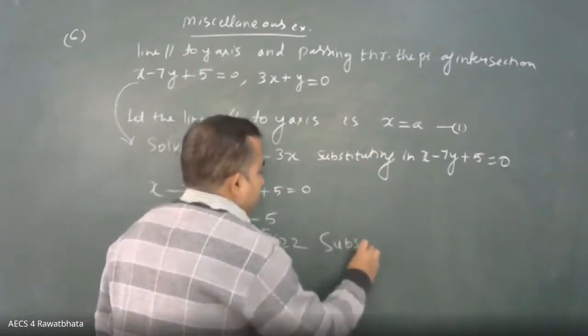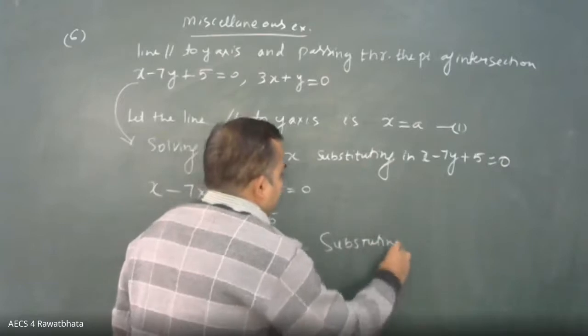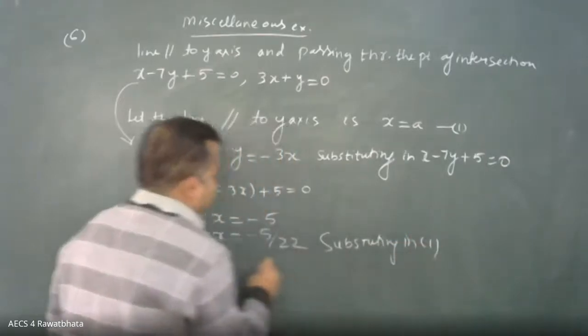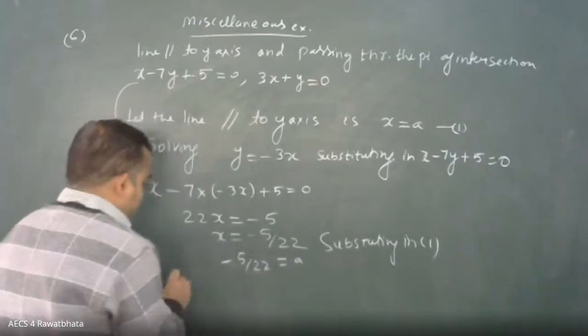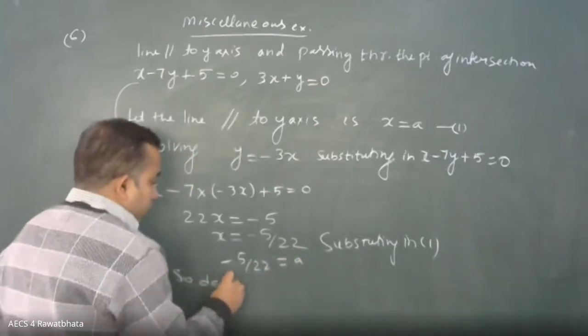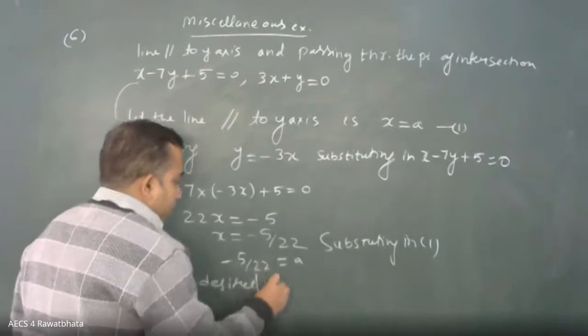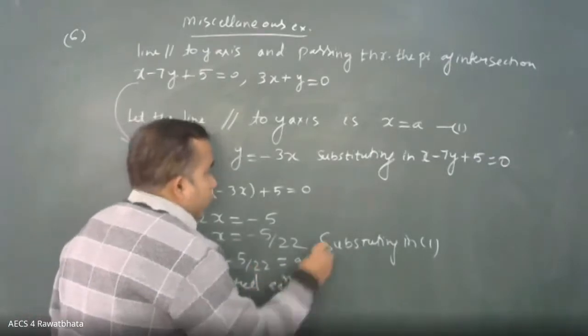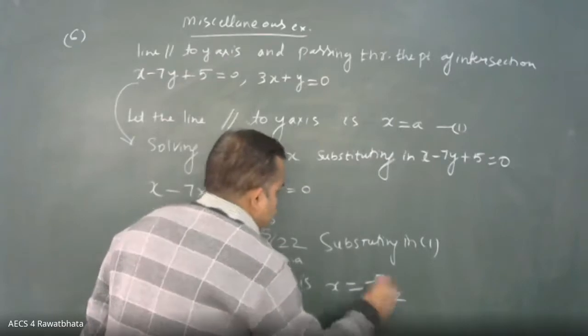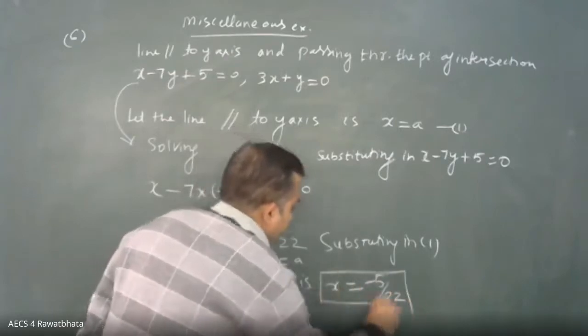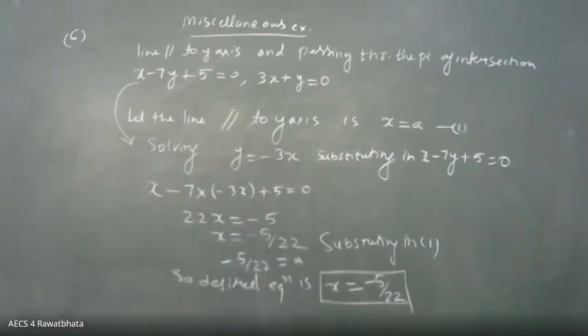If you substitute this in 1, we get minus 5 upon 22 equals a. So the desired equation is x equal to minus 5 upon 22. This is the desired equation.